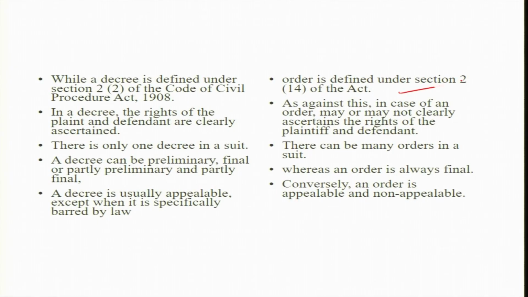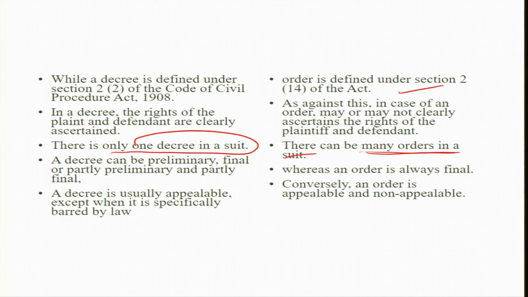There can be many orders in one suit, but the decree is always one, either final or sometimes preliminary. There can be a number of orders in one civil suit, because they are based on your application, on the instant need of your case.